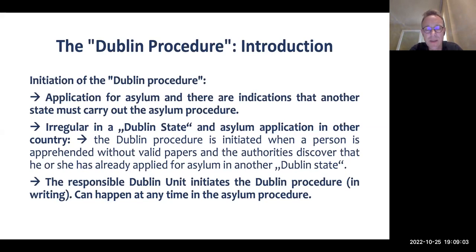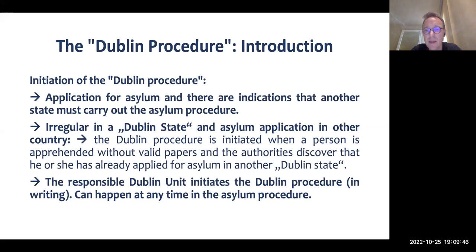There is the Dublin unit, as I said already, which initiates the Dublin procedure. So as soon as an asylum seeker comes in front of an authority of a member state and says, I would like to express my request for asylum, or is registering an asylum application, then as soon as there are indications that the person is coming from a safe country of one of those Dublin states, the Dublin procedure is enacted.